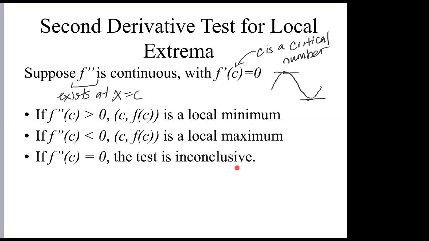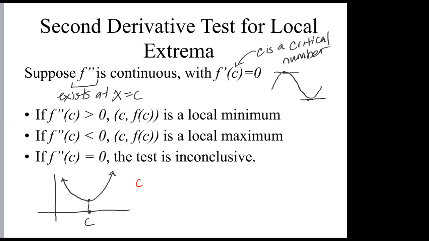And you might ask, well, why does this test work? Let's figure it out. If I have something like this, where I have this critical point, c. And that c, I can tell from this graph, is a local minimum because it is a low point on the graph.